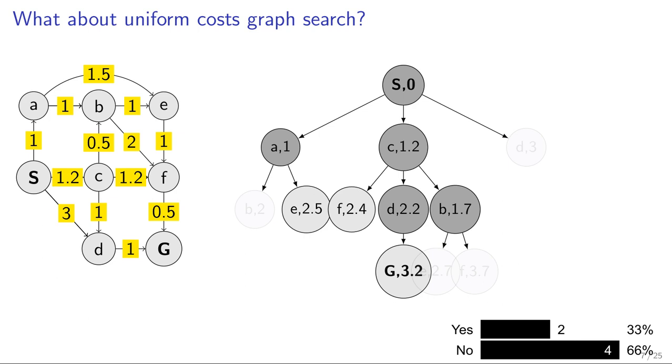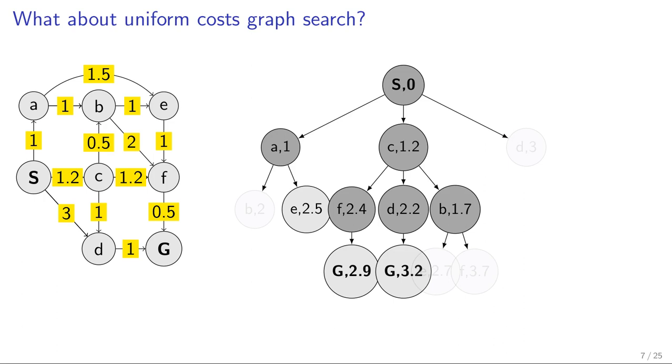You can only stop once you're expanding the goal, which makes sense, because you are now at the goal with 3.2, but you still have these things here like 2.5, 2.4, 1.7, and if some of them can make it to the goal cheaper than 3.2, which is well possible, then you shouldn't discard them. Only once this goal with a number becomes the cheapest on the frontier, only then you can be sure that you can stop. So what you have to do now is expand.